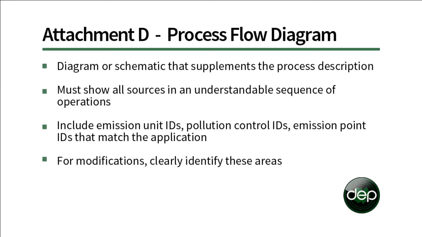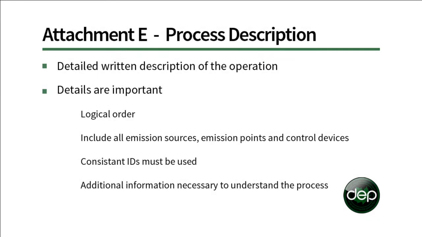A process description is a detailed narrative of what's going on. If you're installing a natural gas compressor station, don't just write "installing a natural gas compressor station." It needs to follow the process from beginning to end.